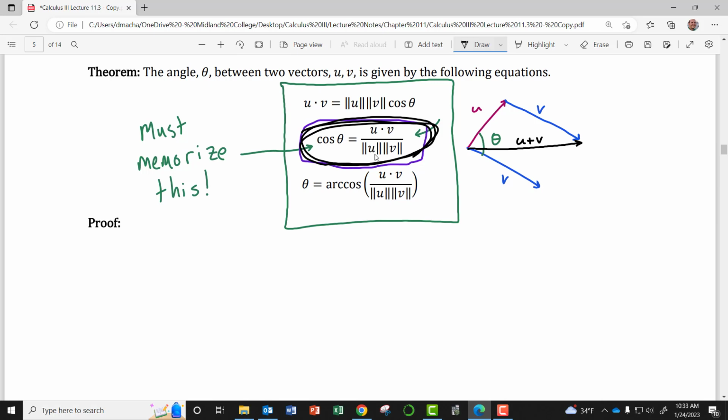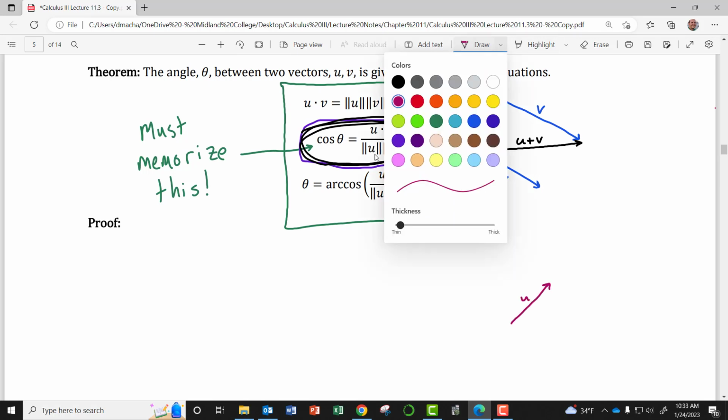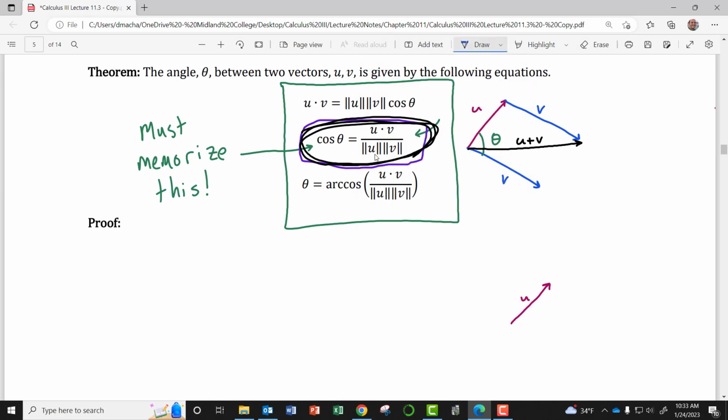Okay? Now let me make another picture for you. Here's my vector u. I'll try to draw it the same way. And now I draw my vector v like this, and I line them up so that the tip of v is touching the tip of u, like I did it tip to tail, the same way we added the vectors, except I've done it in the opposite direction, right?